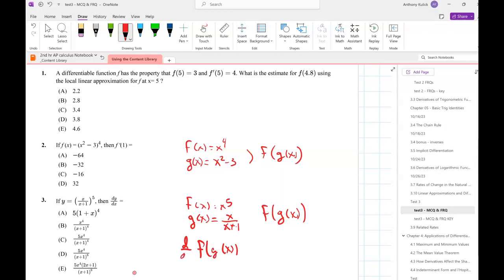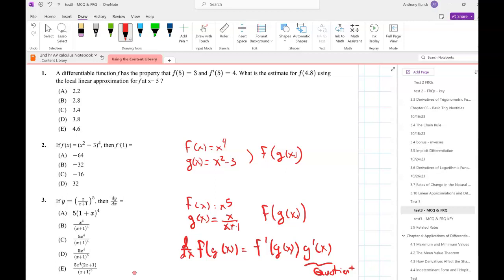So if I wanted to do the derivative of this, and I get my chain rule, when it comes time to do the derivative of that inside, I would need to use a quotient rule to do that derivative. Does that make sense? Yes.